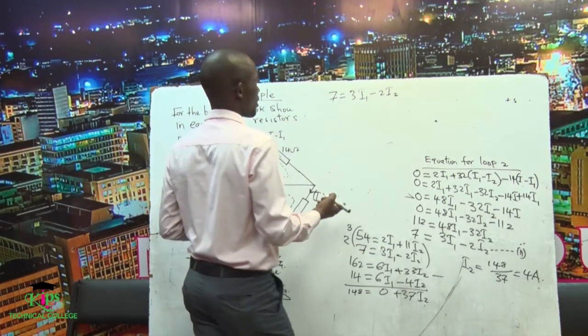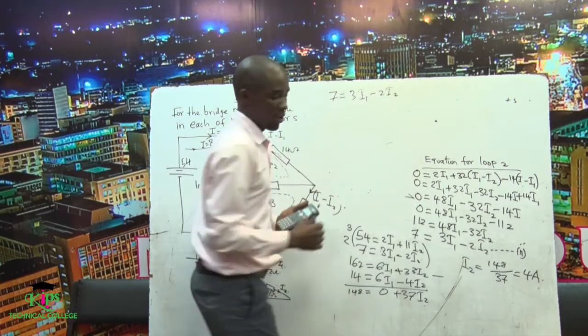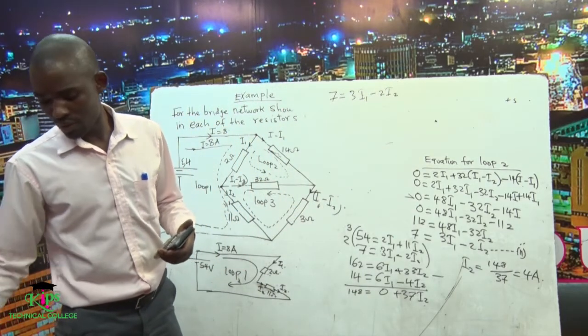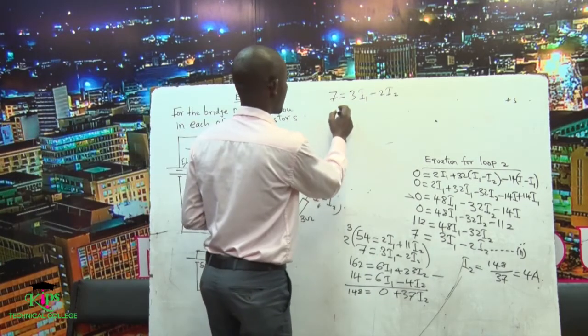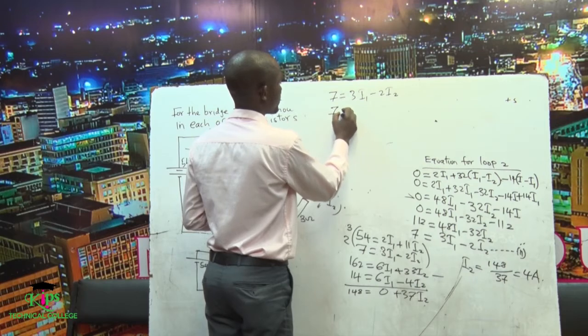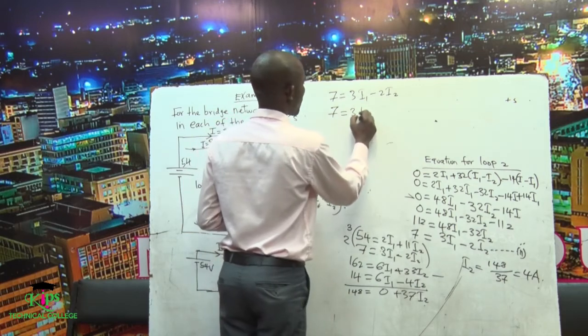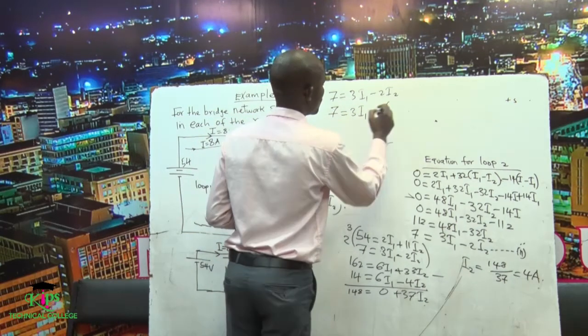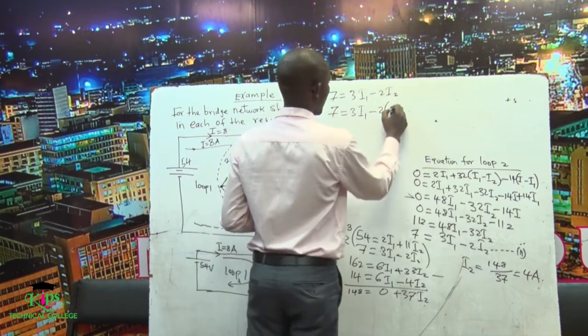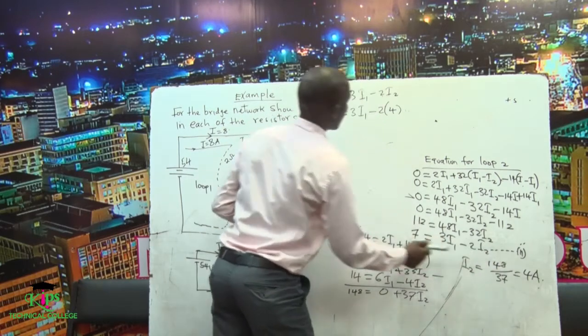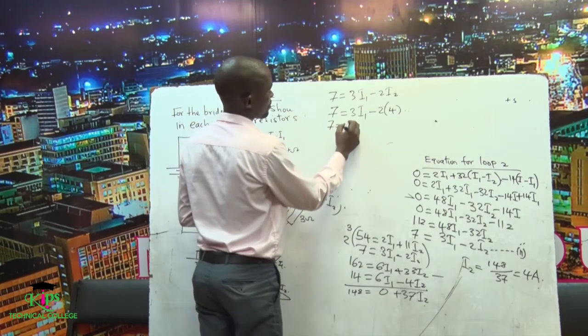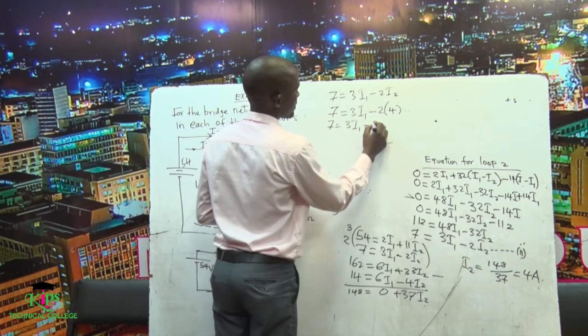If you want to get I1, you can substitute the value you have gotten, so that you have 7 is equal to 3I1 minus 2 into, what is I2? I2 is 4. So now 7 is equal to 3I1 minus 8.